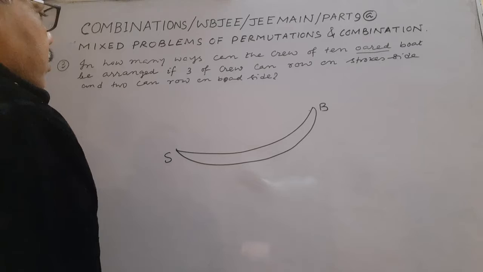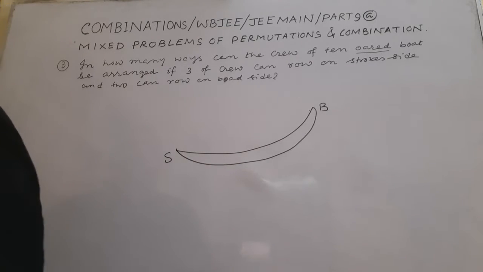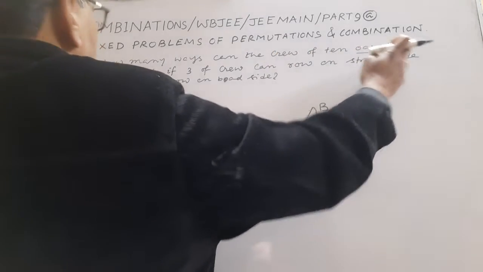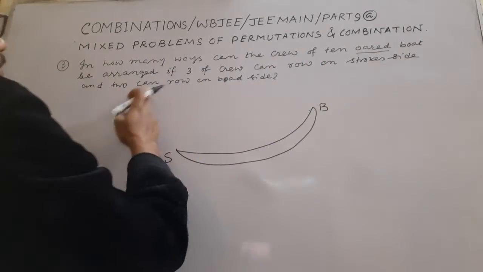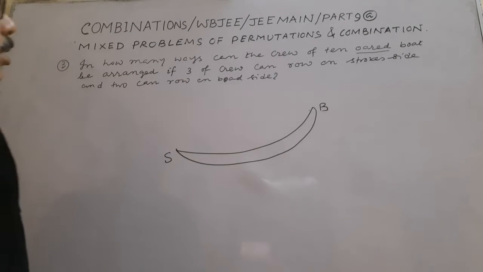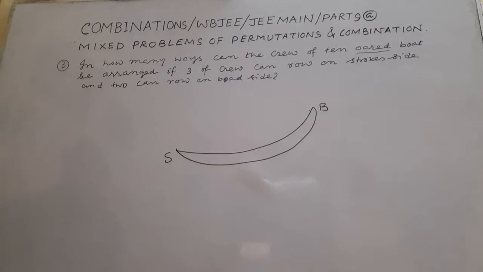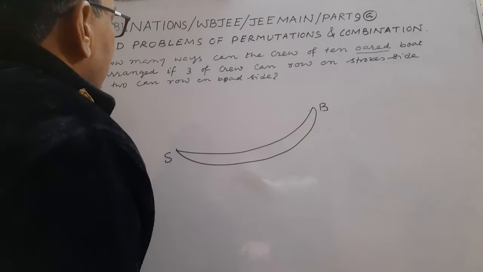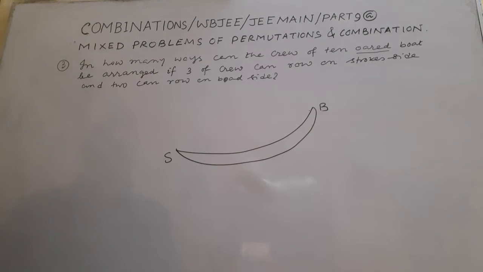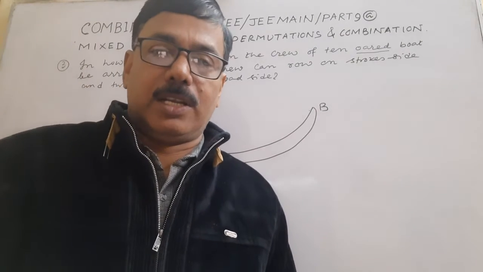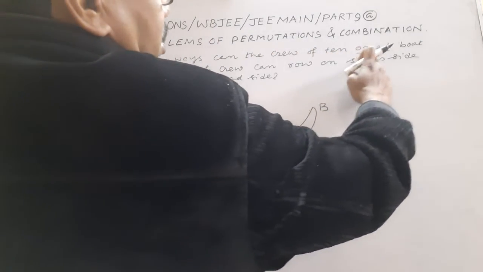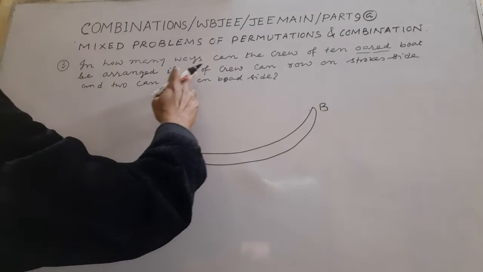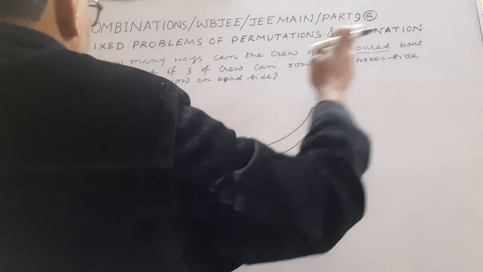Ten crew can be arranged if 3 of crew can row on stroke side and 2 of them can row on bow side. But here it should be mentioned that number of crew in two sides are same. We are assuming it.